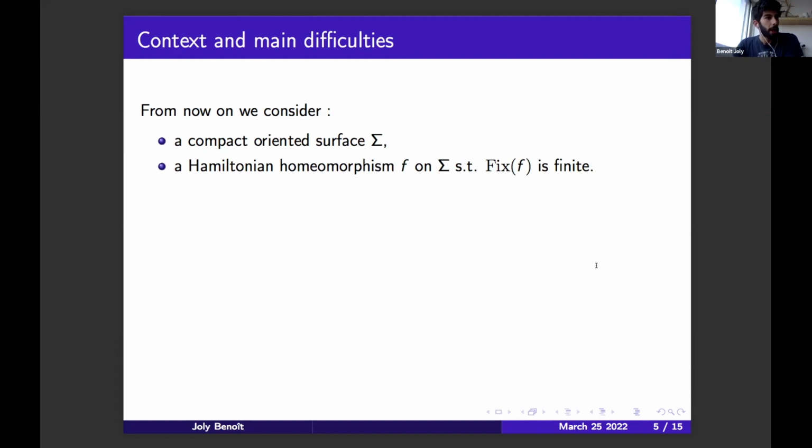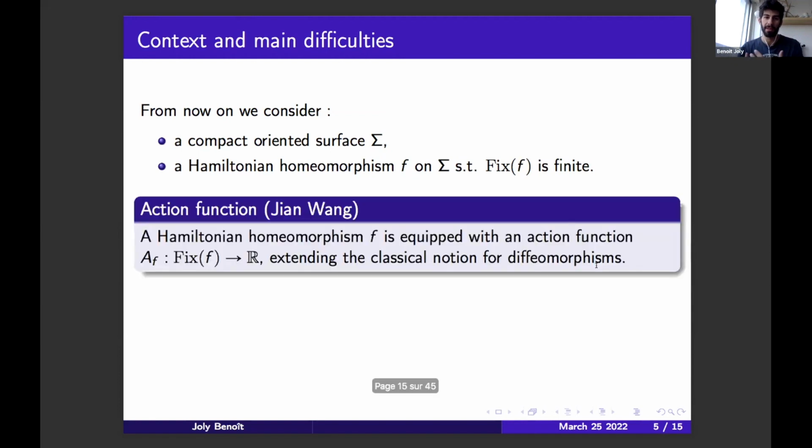So with Floer homology, we construct the barcode by taking the filtration of this homology by the action functional. So we need at least an action functional on homeomorphisms. And thanks to the work of Wang, this function exists. For every Hamiltonian homeomorphism with a finite number of fixed points, there exists an action function defined on the set of fixed points, which extends the classical notion for diffeomorphisms.